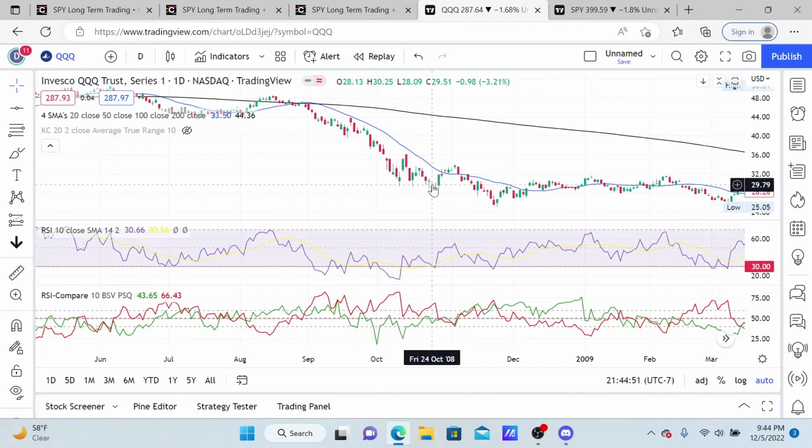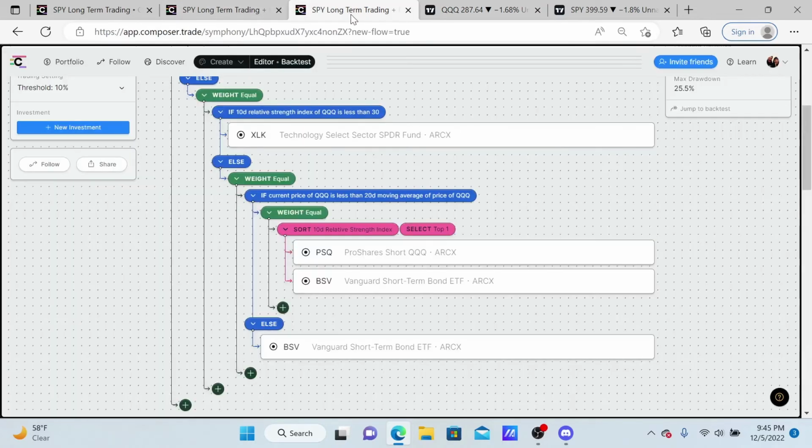However, as the price of QQQ starts to trend higher, PSQ starts to fall, and you can see, here, BSV actually overtakes PSQ, and so what Composer is going to do is sell your position in PSQ and go back to a bonds position. And that's what that function is right there.